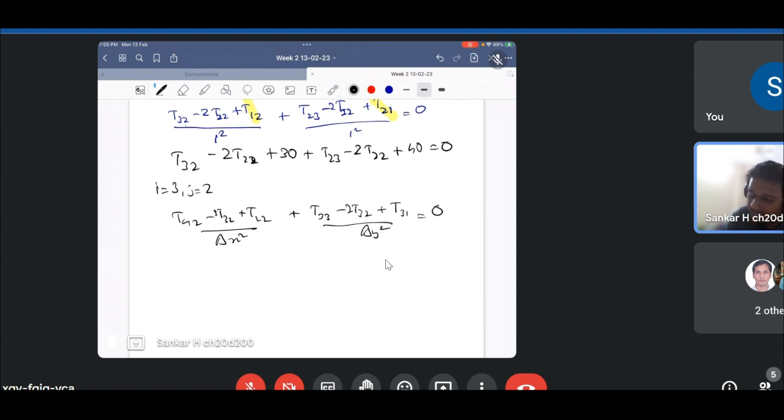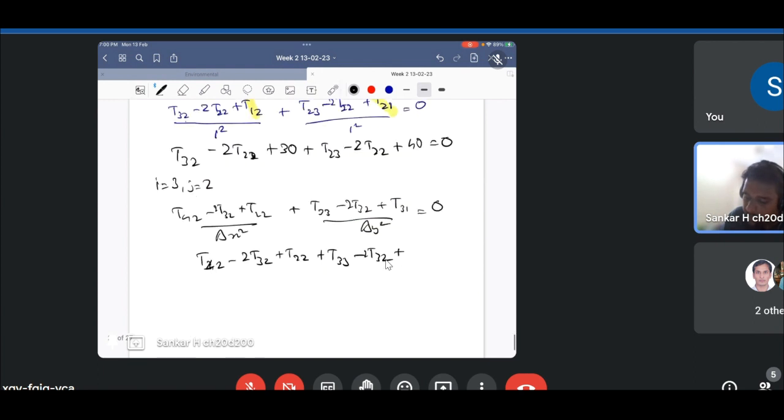So when we solve this, again we'll get T42 minus 2T32 plus T22 plus T33 minus 2T32 plus T31, which would be 40, is equal to 0.